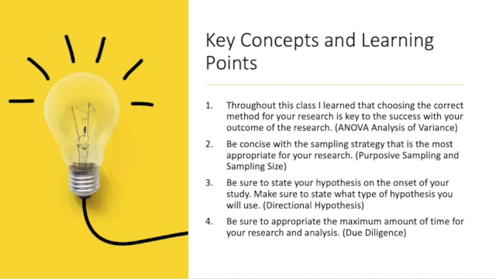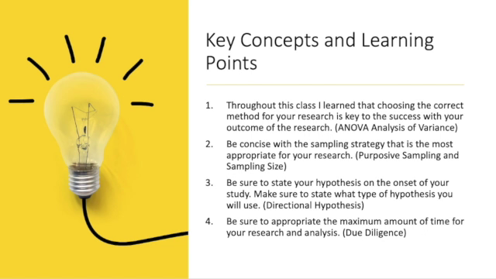Okay, next, we'll be talking about key concepts and learning points. So I'm gonna talk about 4 key points or learning points that I kind of got from the entire class, and it helped me kind of develop my research based off of this. So let's go ahead. Number 1, throughout this class, I learned that choosing the correct method for your research is key to the success with your outcome of the research.